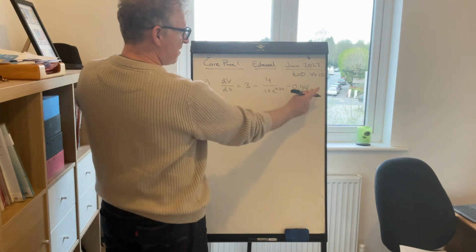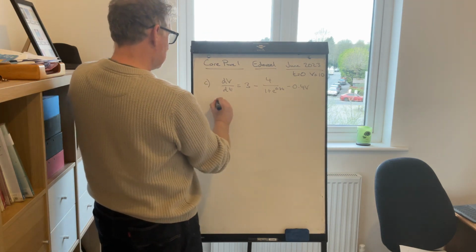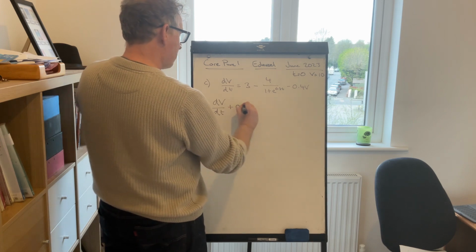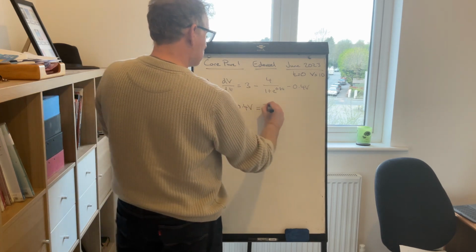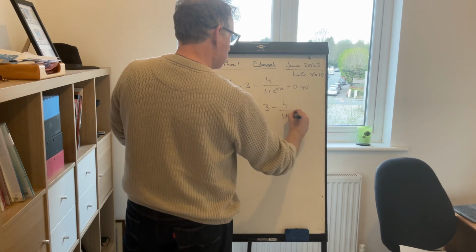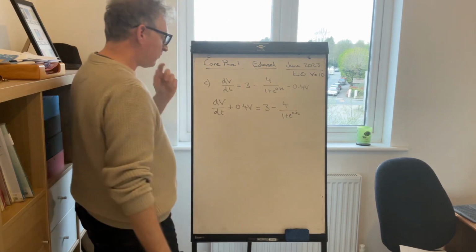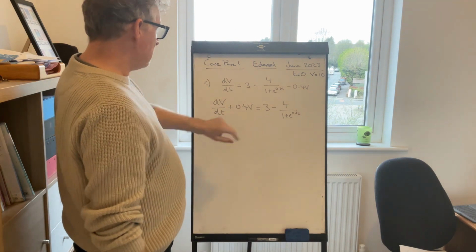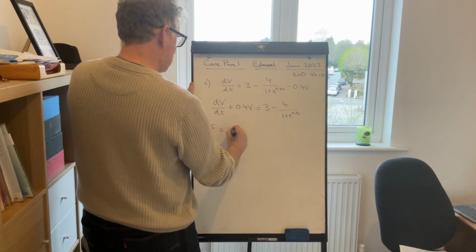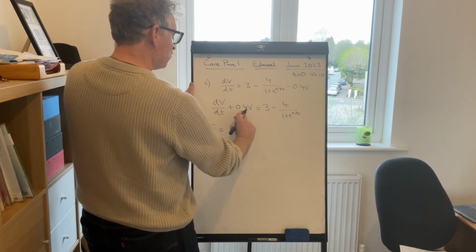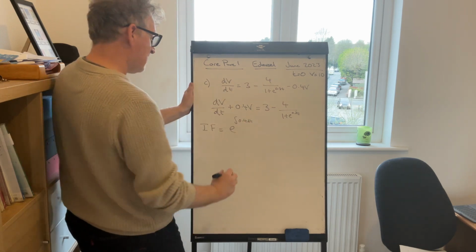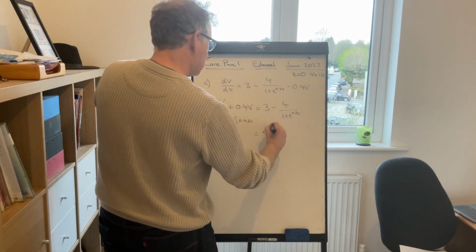And sure enough, that's what we're going to do. We're going to get the v over this side. So we're going to get dv by dt plus 0.4v equals 3 minus 4 over 1 plus e to 0.8t. And then we go, oh, hello, the integrating factor will be e to the integral of just 0.4, which is e to the 0.4t.